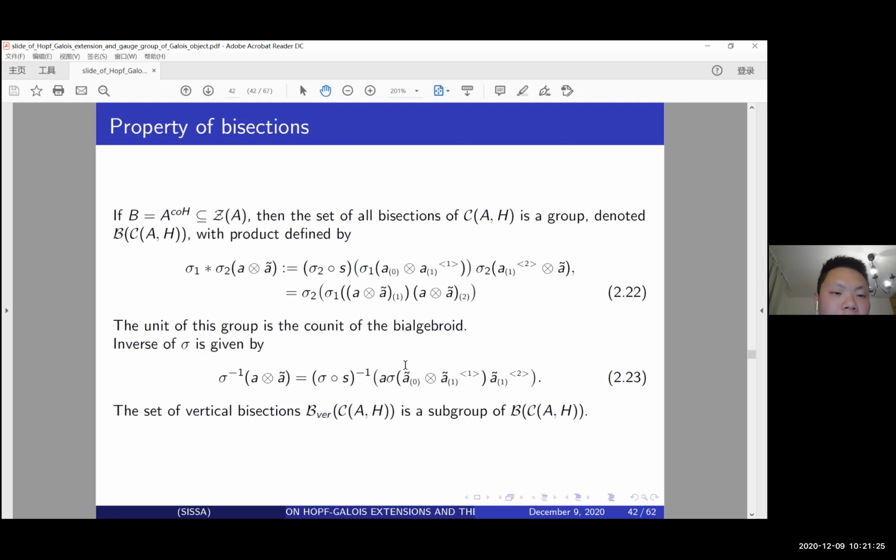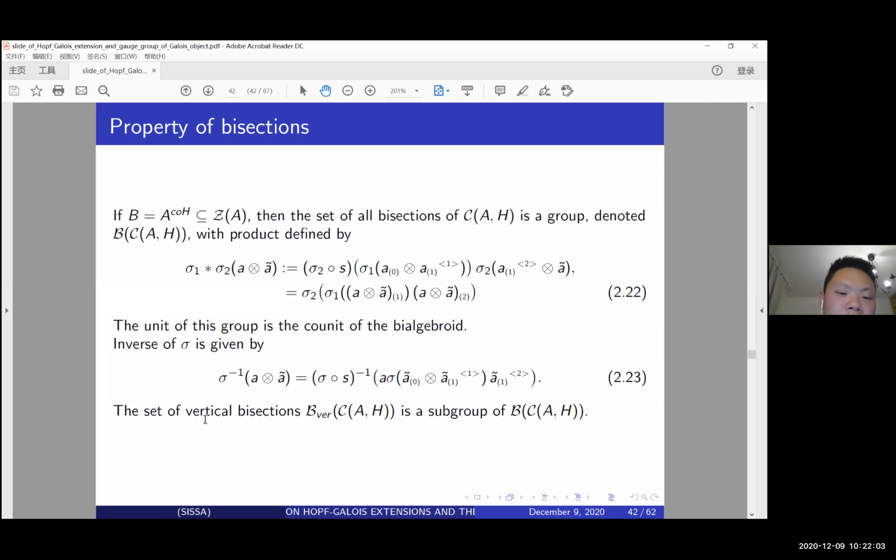Okay, so again, under the condition that B belongs to the center, we can then get a group of bisections with a product given by the convolution product of the bisections. The unit of this group is just the counit of the diagonal point, since it's a map from it to B. And the inverse can also be given in 2.23 with the help of the translation map.